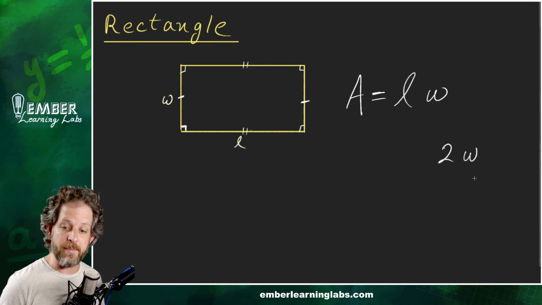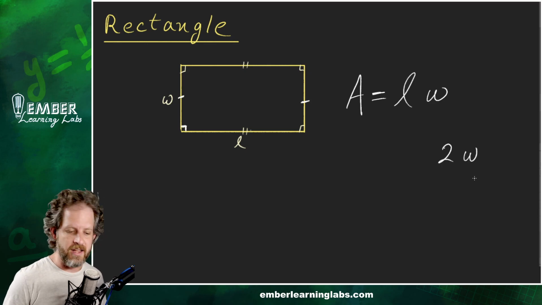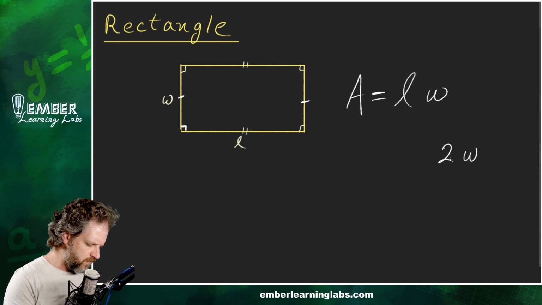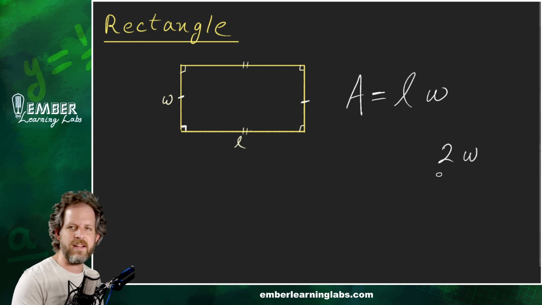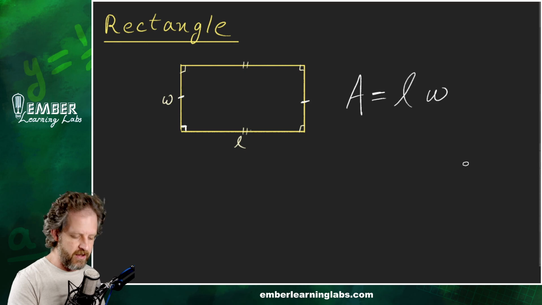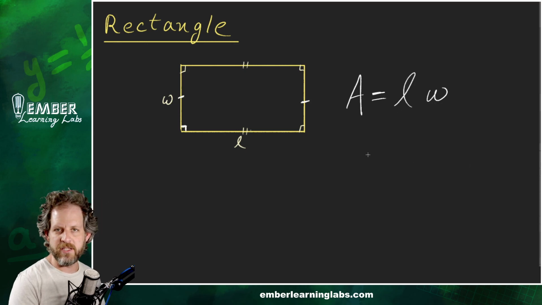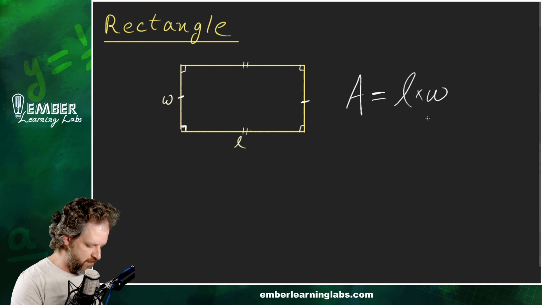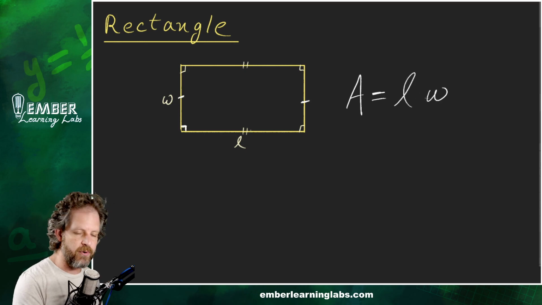But that just means multiplication. So in case you didn't pick that up in some of those other videos, that's what this means. We don't need a times symbol or a dot or parentheses or anything.